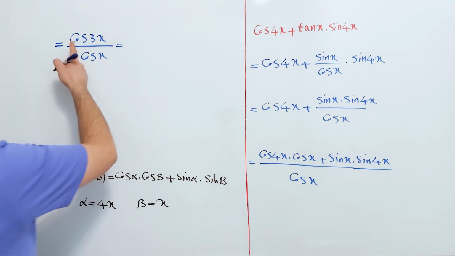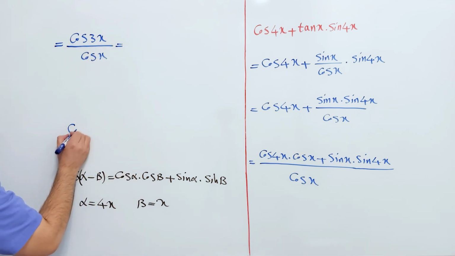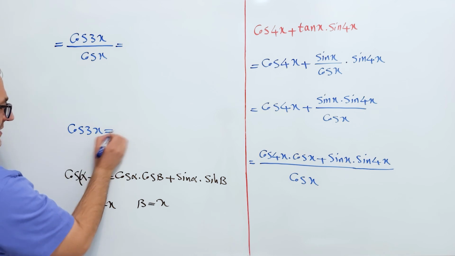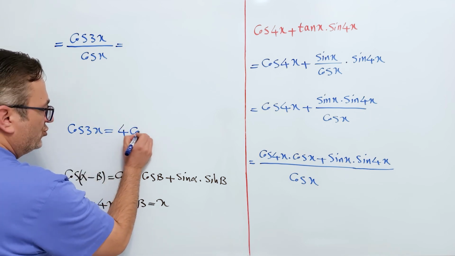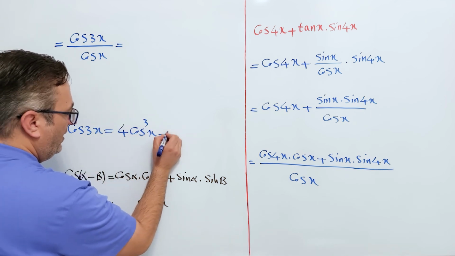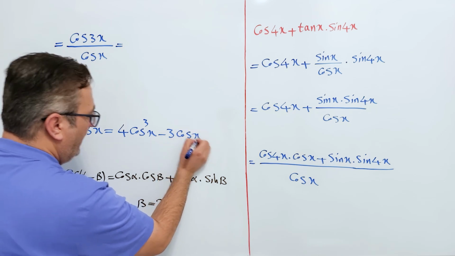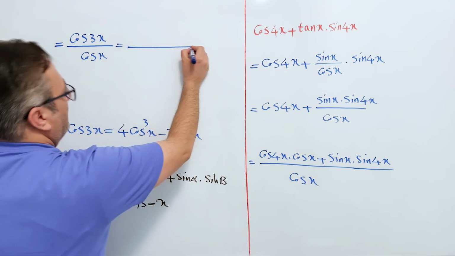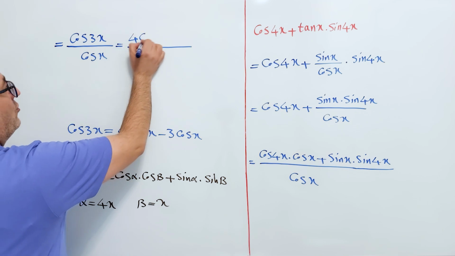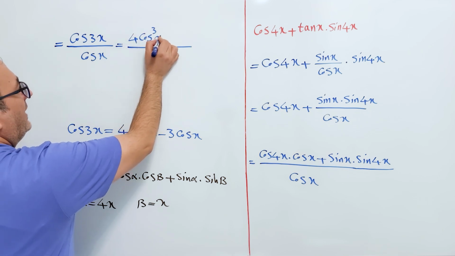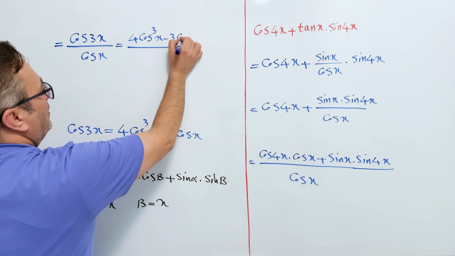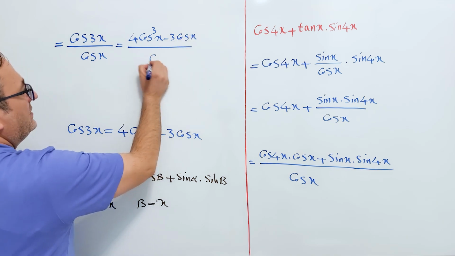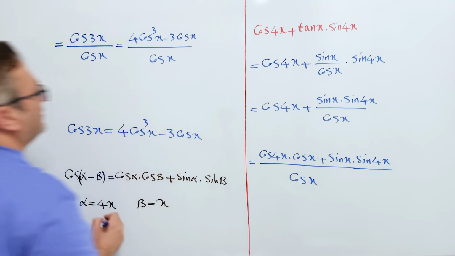We know that cosine 3x is equal to 4 cosine cubed x minus 3 cosine x. So 4 cosine cubed x minus 3 cosine x divided by cosine x.